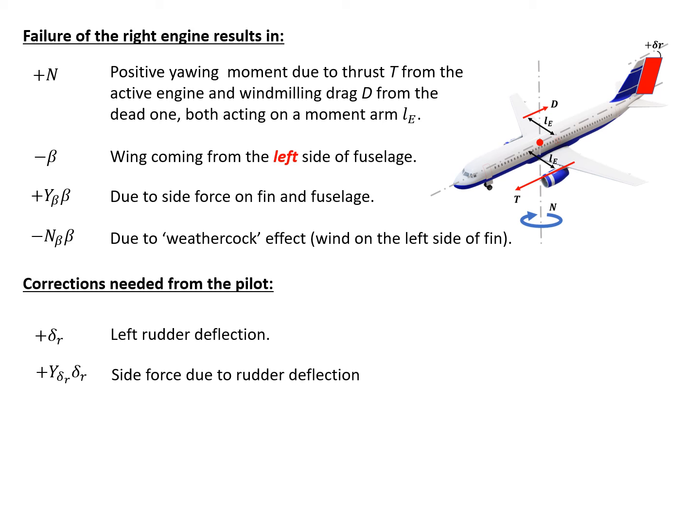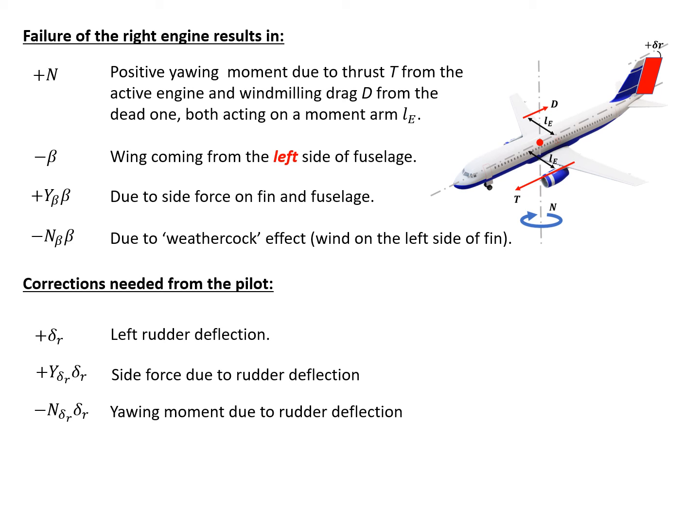And also, because of the deflection of the rudder, the camber of the fin, the vertical tail, will be increased, and that will produce a side force towards the right. So it's a positive side force due to the rudder deflection. And simultaneously, a yawing moment due to rudder deflection will be produced, and that's a negative sign.